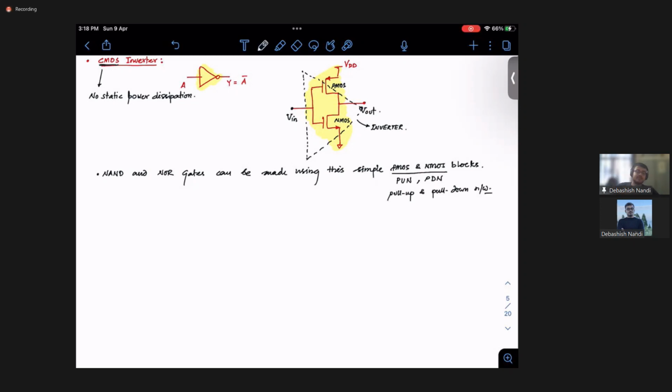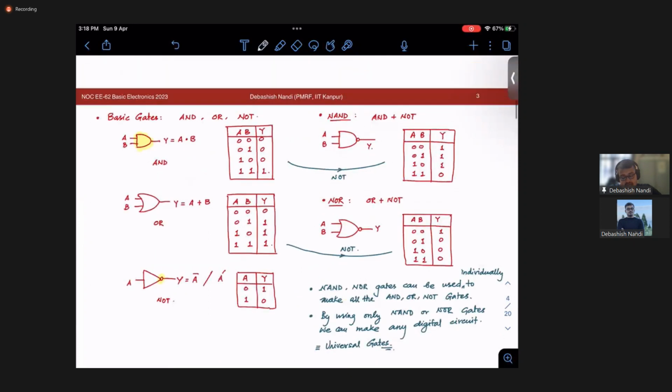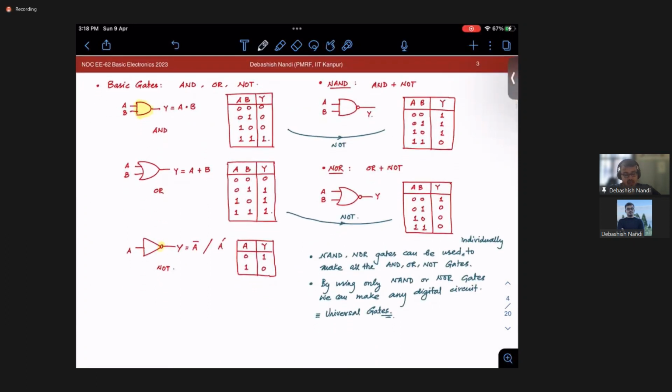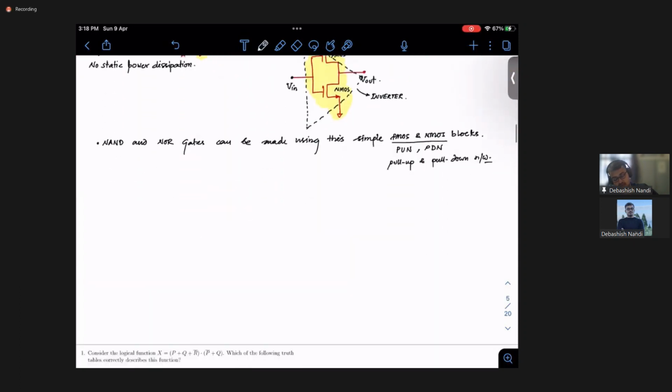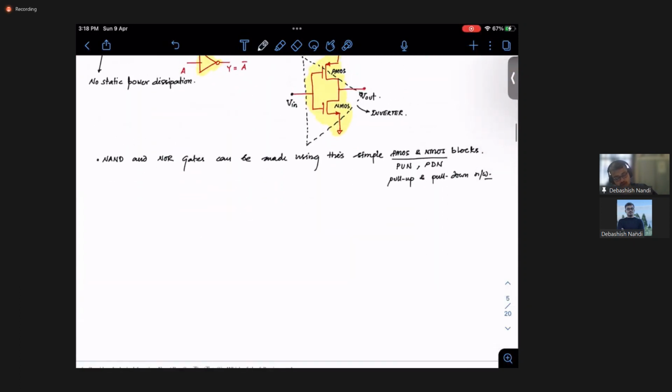Okay, just remember this thing so that any logic circuit you will be making using NAND and NOR gates, right? There are distinct advantages when you use NAND or NOR, but basically you must be hearing about NAND, 3D NAND flash or something memory like that. So these all are coming from these basic things, right? So make sure that you understand these basic things very carefully so that you can build upon this in the future courses.